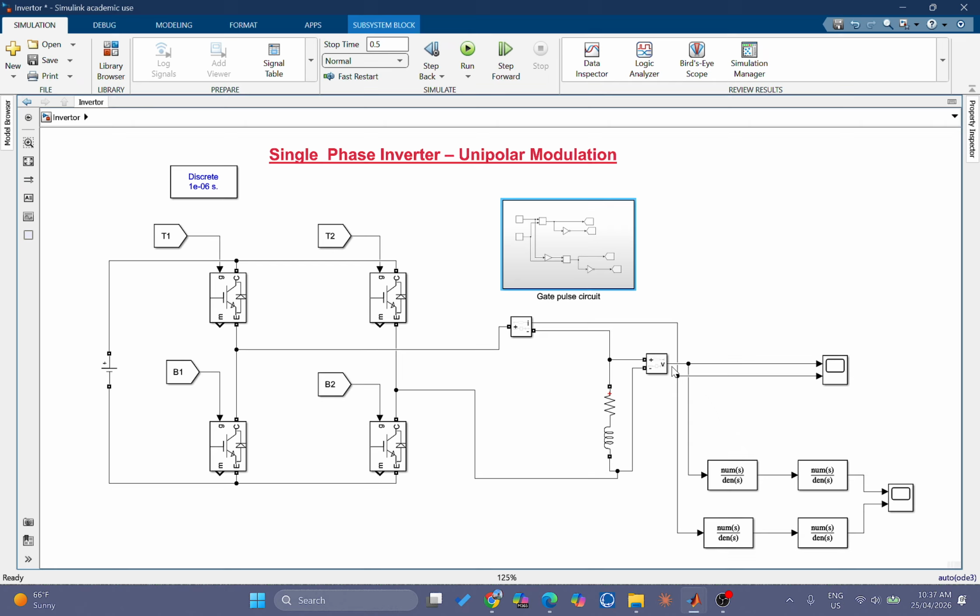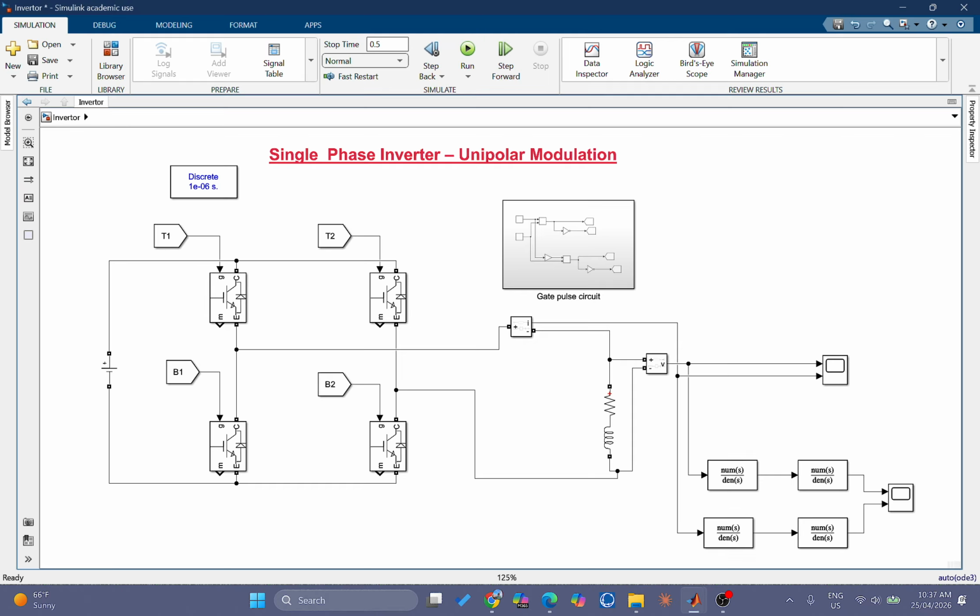Now we have one transfer function and another transfer function, and we are using two first order transfer function blocks at the output of the voltage and current measurement. For current measurement, same, we're using two first order transfer blocks, and it is a first order low pass filter.